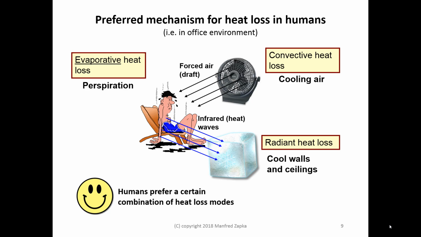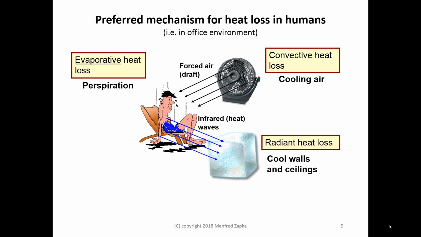Or if the evaporative heat loss is too large, we actually perspire a lot, so we are getting our clothing wet. Radiant heat loss, sometimes we feel very cold if the walls or ceiling are cold, or if we're standing close to a very cold object.